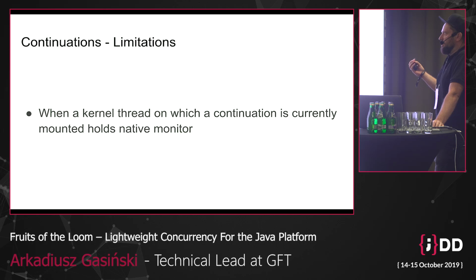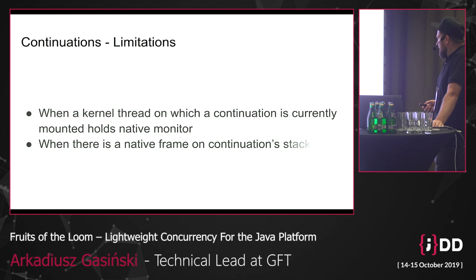If you'd like to pause that continuation, what do you do with the lock held by the given thread? This thread should maybe be running some other computations, but it owns some lock, so you probably should pass the ownership of this monitor to the continuation. But this is implemented deep inside the VM, and it requires a significant amount of work. But this is something that can be done, and the authors claim that they will actually do this eventually.